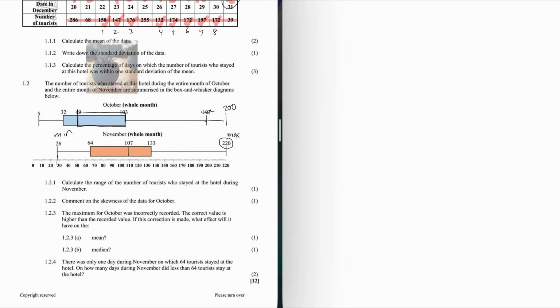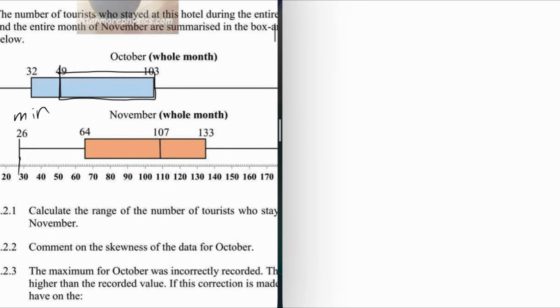Question 1.2.4. There was only one day during November on which 64 tourists stayed at the hotel. On how many days during November did less than 64 tourists stay at the hotel? So 64 is my Q1 value. That is also known as the 25th percentile. So if there are 30 days in November, then 25 over 100, so 25% of the 30, will give me the number of days that lie between this point and this point.